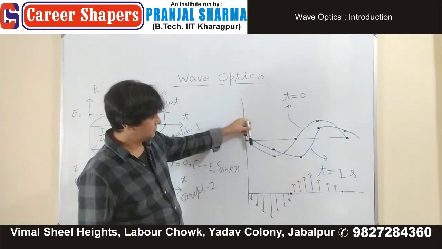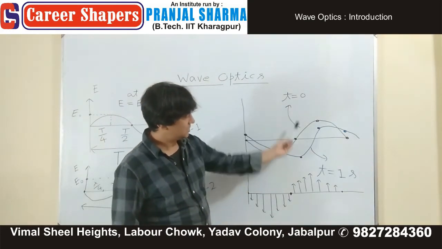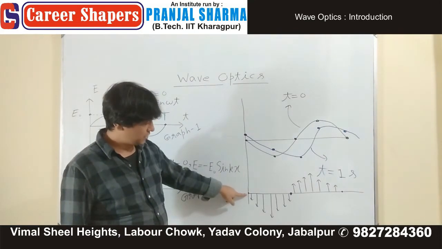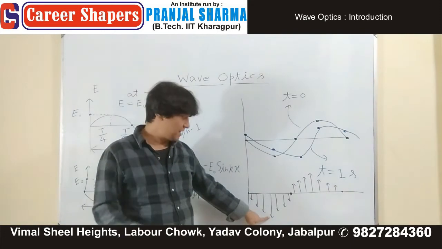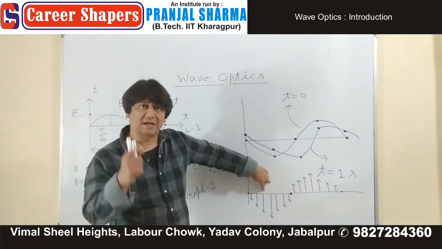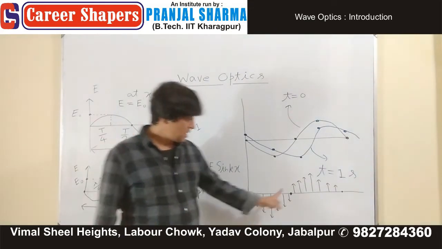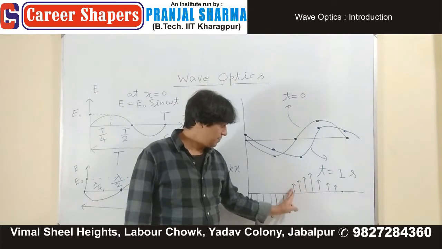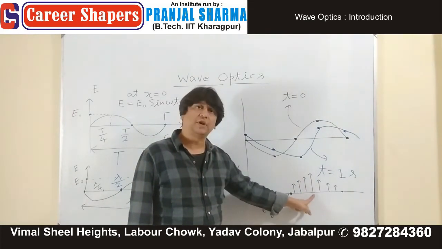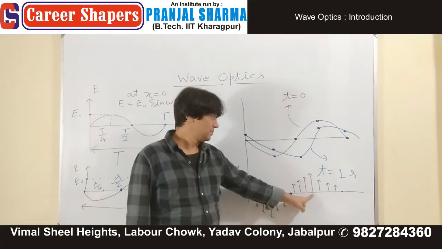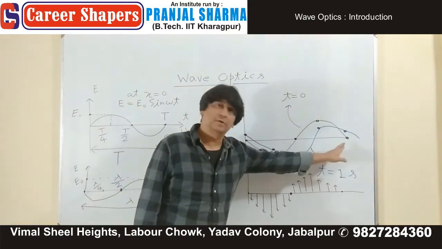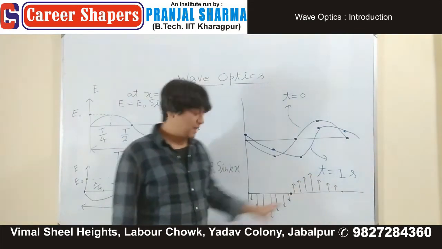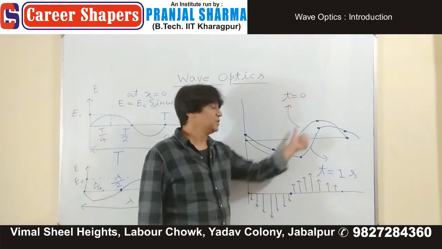Electric field is up to this point, up to this, and then decreases, changes direction, and so on. At x equals 0, electric field is 0. At lambda by 4, it is maximum in the negative direction. Before lambda by 4, it is not maximum, but is something and is in the negative direction. After lambda by 2, it changes direction, and at different points you can see the strength. Up, up, up, up, up is maximum at 3 lambda by 4. So when you see this shape, it is basically giving you the tips of these arrows. Connect the tips of these electric field arrows and you get this black graph.